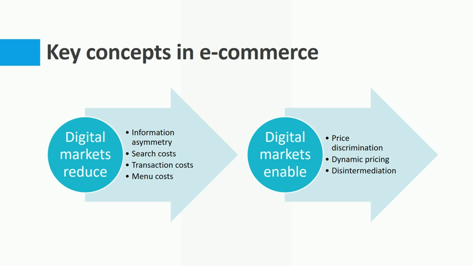The transaction cost term here means the cost of participating in a market. And the last one, digital markets also reduce what is called menu cost. So the merchant's cost of changing prices.